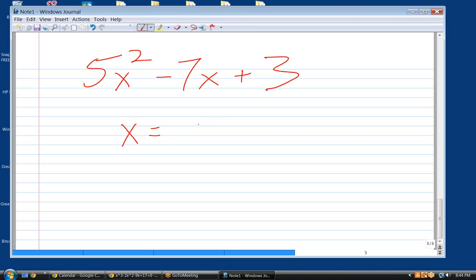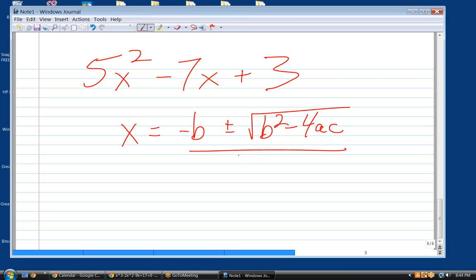So let's write out the general formula, and then we'll substitute. Negative b plus or minus square root of b squared minus 4ac all over 2a. Did you do that from memory, or did you read that? That's in my notes. Thought so. Okay, now let's substitute.